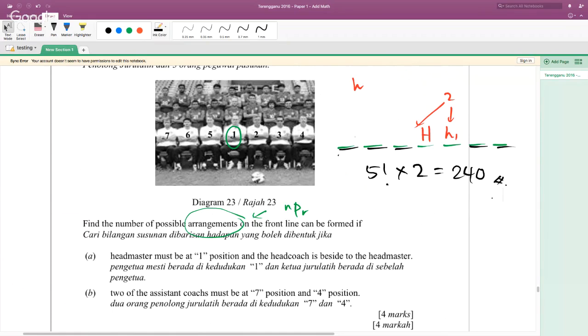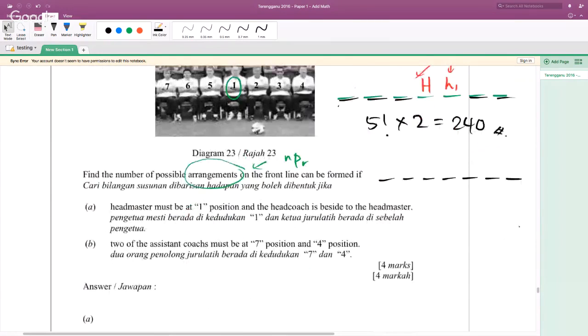Okay, for the second part, part B: the 2 assistant coaches must sit at positions 7 and 4. You have 1, 2, 3, 4, 5, 6, 7. You have 2 assistant coaches here, and they must sit on these positions.